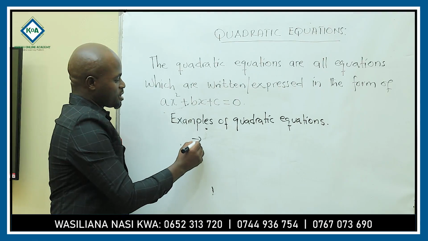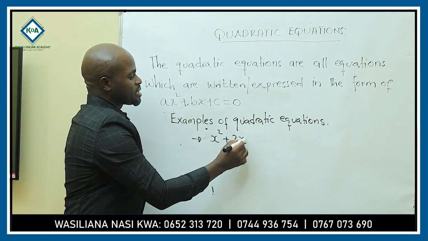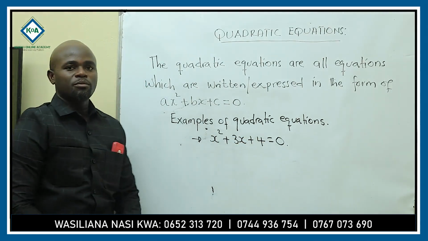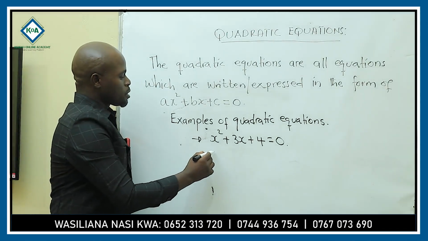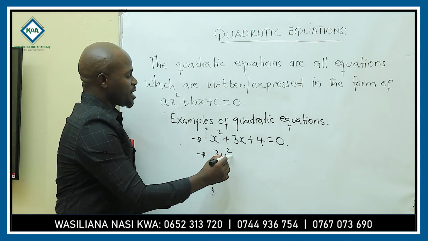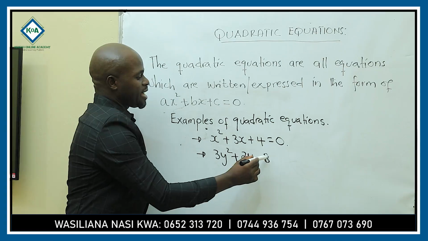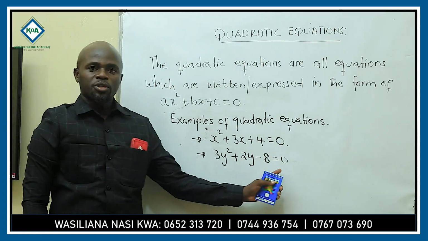The first can be x squared plus 3x plus 4 is equal to 0. This is an example of a quadratic equation. But also if you have 3y squared plus 2y minus 8 is equal to 0, this is also a quadratic equation.